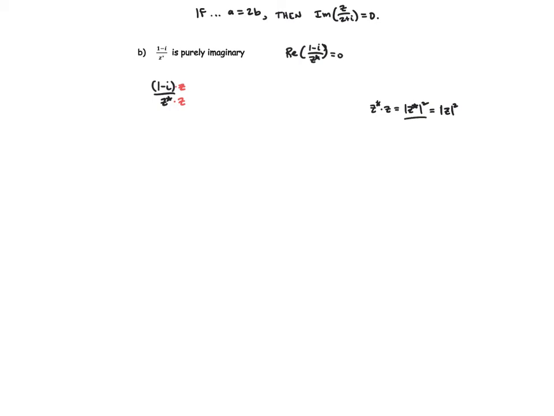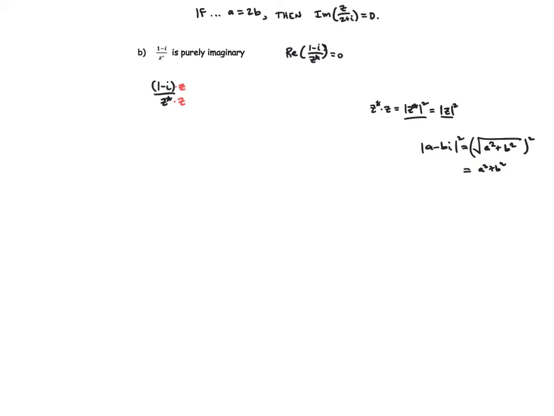That's a property that I'll show you in a separate video. Okay, so if I have a minus bi, and I want the magnitude of that, that's just going to be the square root of a squared plus b squared. And therefore, squaring that, I would just get a squared plus b squared.